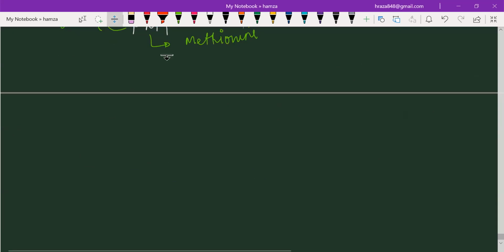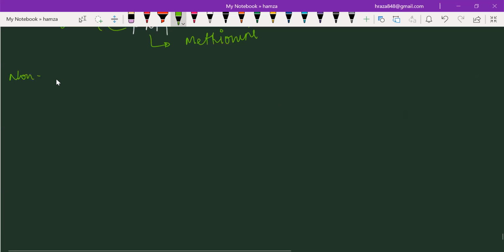the next type of amino acid is basically non-essential amino acid. That means this amino acid can be synthesized in our body, so we don't need to take it from diet.